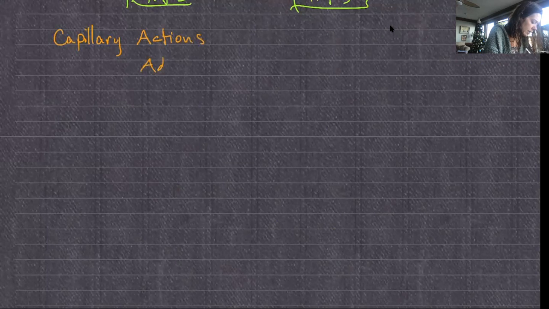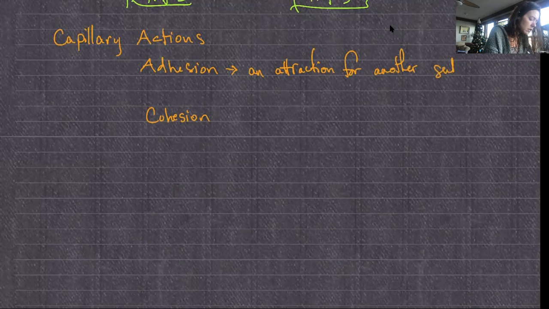One is adhesion and one is cohesion. This is an attraction for another substance. And this one is an attraction for oneself.